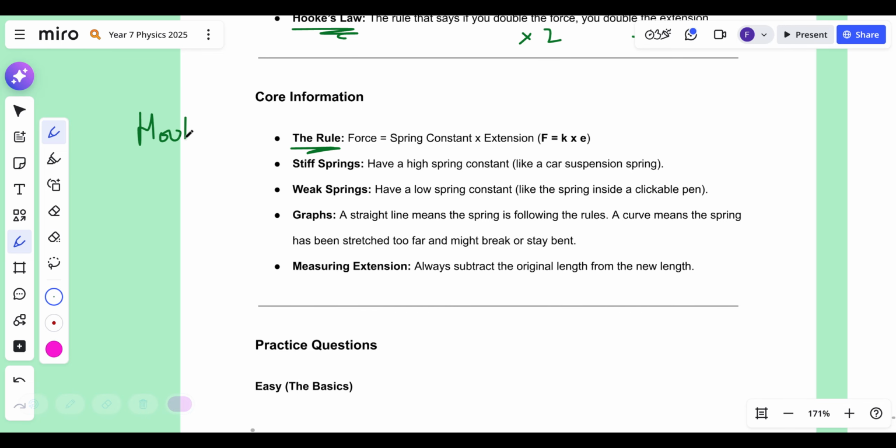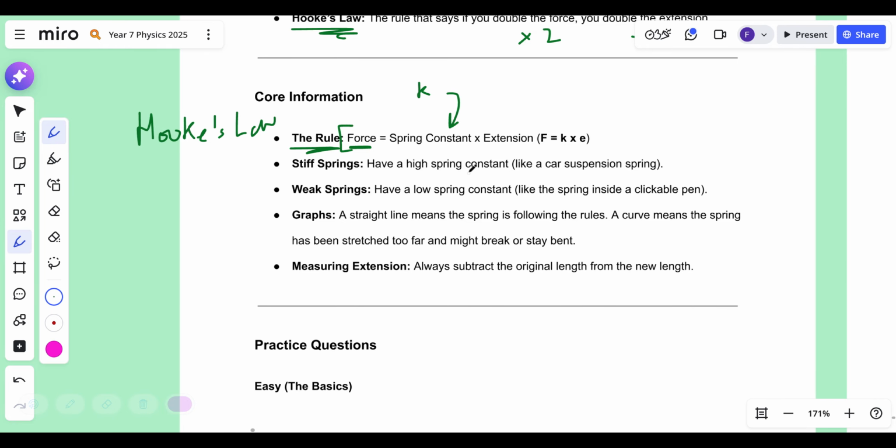You've never heard of Hooke's law. I don't mean fishing. So that rule, if you double the force, you double the extension, we have this really interesting formula. The force is equal to the spring constant, which we call K, times how long you've extended it.